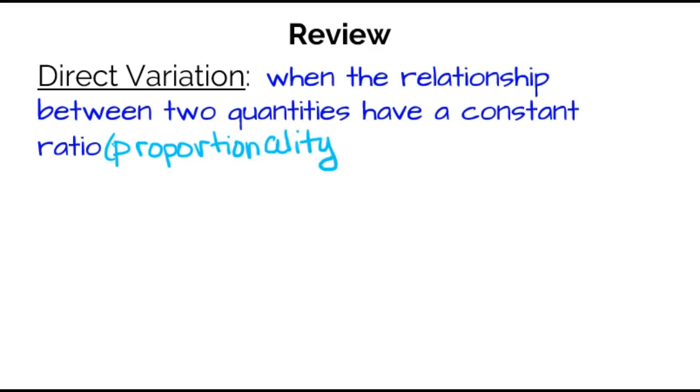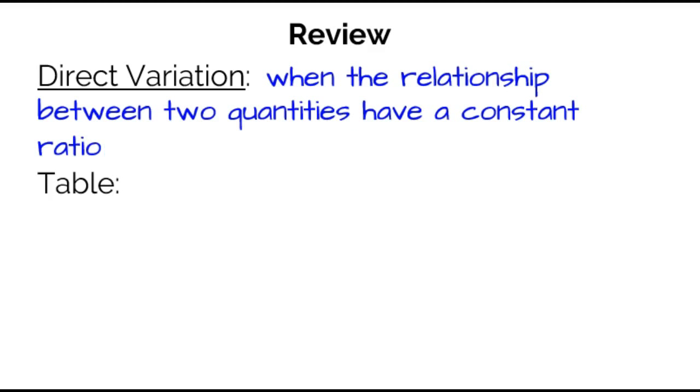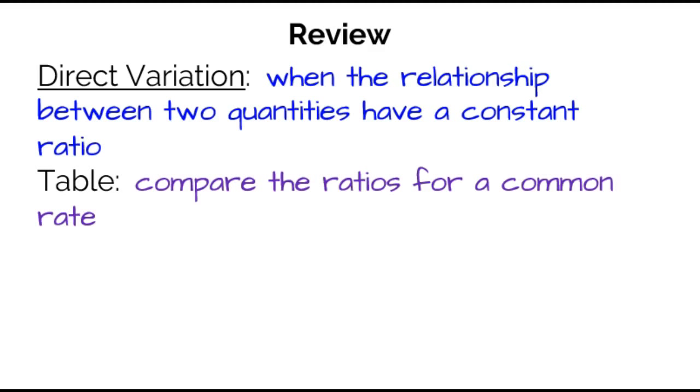To figure out if something is proportional, we look and make sure that it has the same unit rates. Now, when you're looking at a table, you're going to compare the ratios or the unit rates for a common rate. If they all have the same rate, just like we do with proportionality, then we know that there is direct variation between the two quantities.